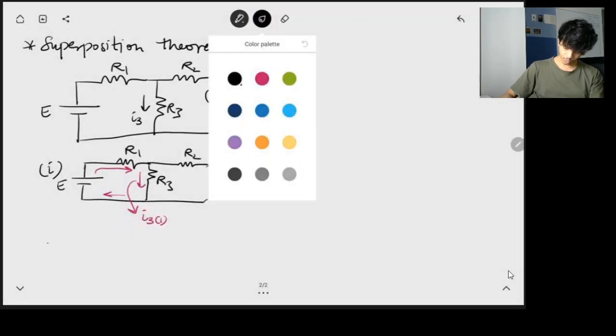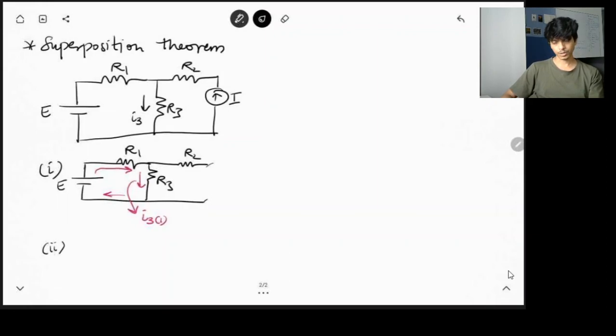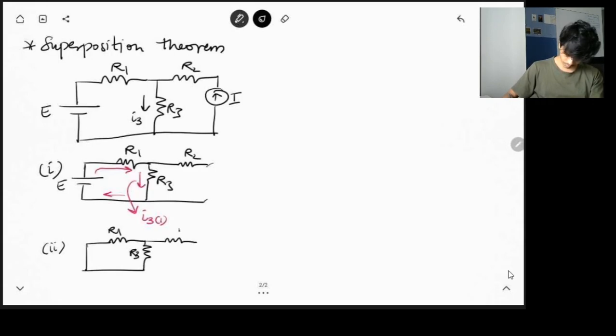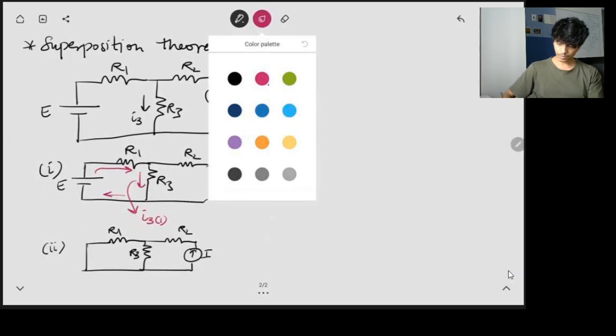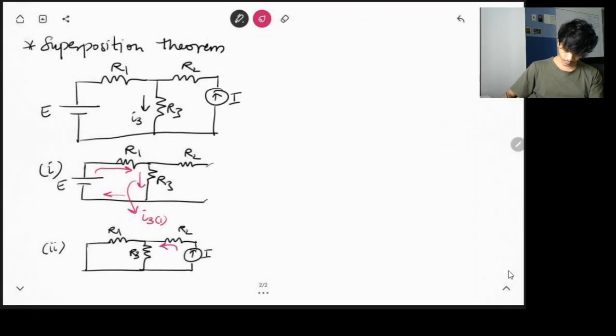And then in step 2, I'm going to ignore this voltage source and I'm only going to consider the current source. So we'll replace the voltage source by its internal resistance, which is 0. So now the circuit will look like this. Now the current I flows this way, some of it flows through this branch, some of it flows through this branch, and then it combines and comes this way again.